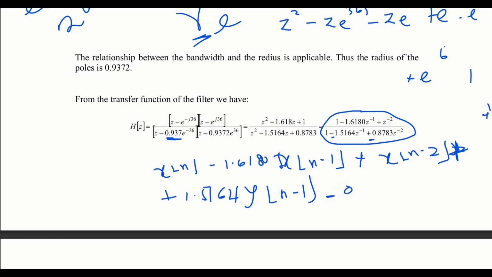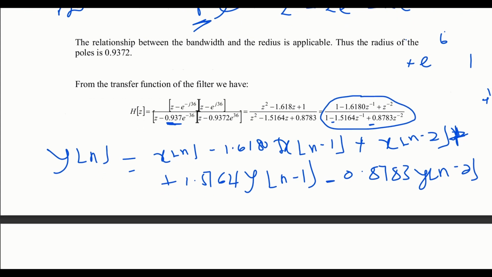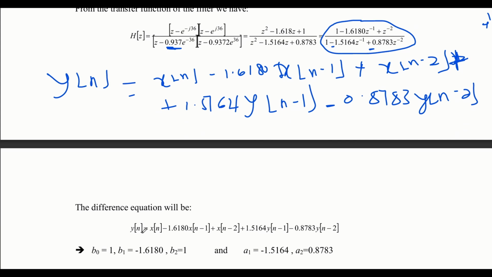So minus 0.8783 y of n minus 2. Okay, and all this is supposed to be equal to y of n. That is the main equation. Okay, now when you do that, that's when you get the answer. So that's what you see. So x of n, y of n, and the other terms of the sequence.